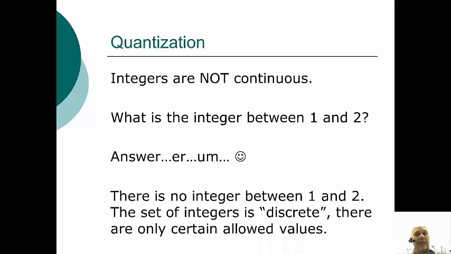Integers are not continuous. What's the integer between 1 and 2? Answer, there isn't one, right? Integers have gaps in between where there are no other integers. So this is what's known as a discrete set of numbers.